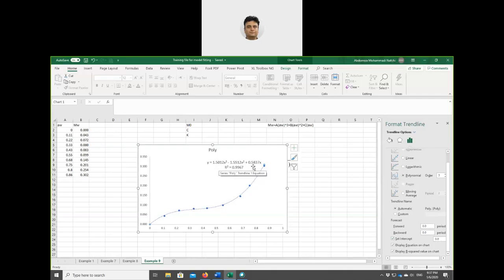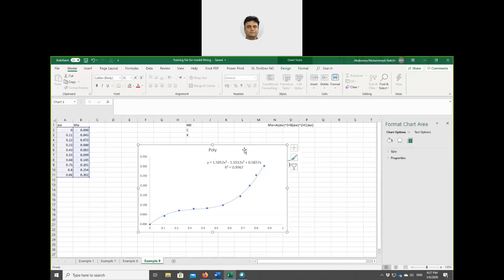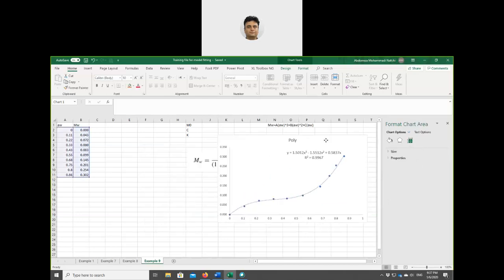So our model would be like this. It's easy. You can find A is 1.5, B is minus 1.5, and C is 0.58. This is the model that we call the polynomial model.